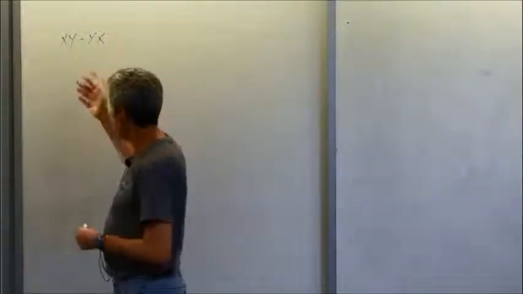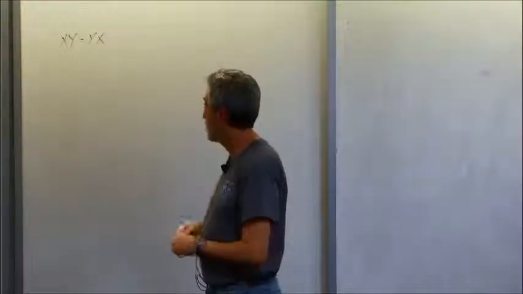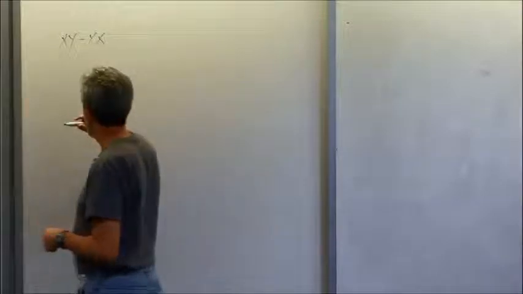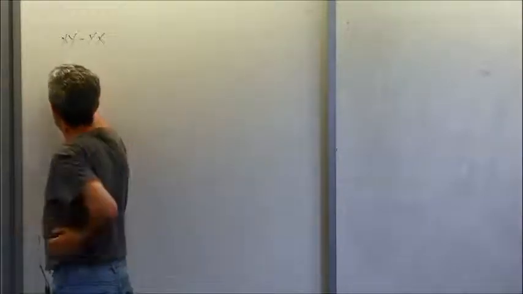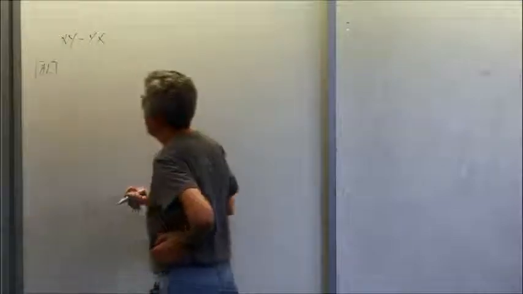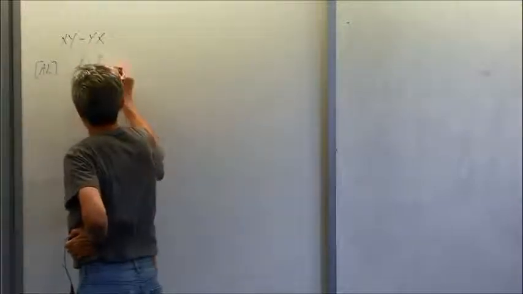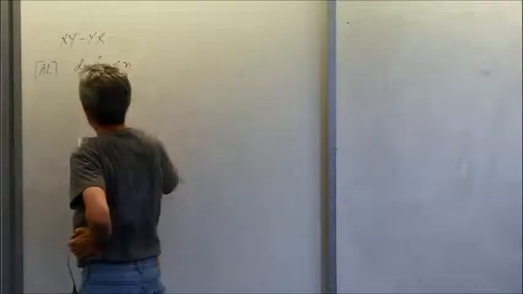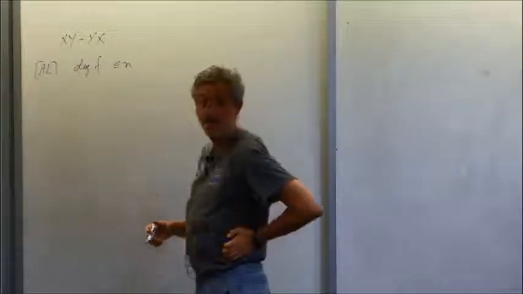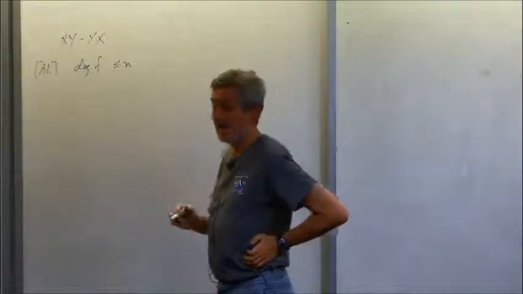And there's a more general, complete understanding of this. There's a whole theory of polynomial identities. But Amitsur and Levitzki showed that if the degree of f is at most n, then it cannot be satisfied by all n by n matrices.